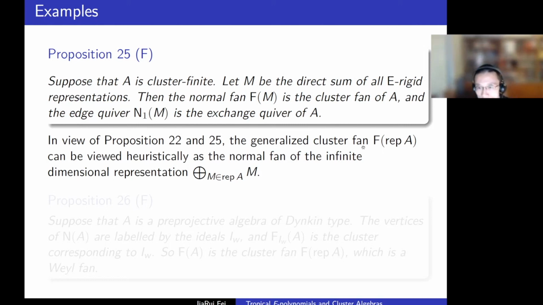Recall we defined the generalized cluster fan. This generalized cluster fan can be viewed as the normal fan of an infinite-dimensional representation. Somehow we take all representations and make a direct sum of them, and you get an infinite-dimensional representation. Of course, that doesn't really make sense if you take this kind of Newton polytope.